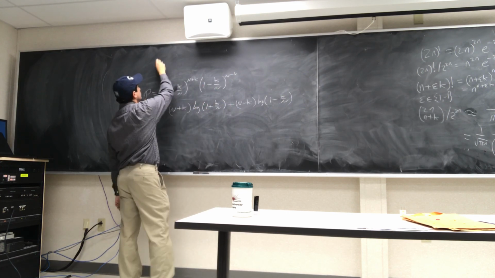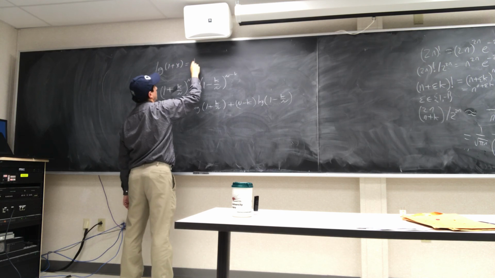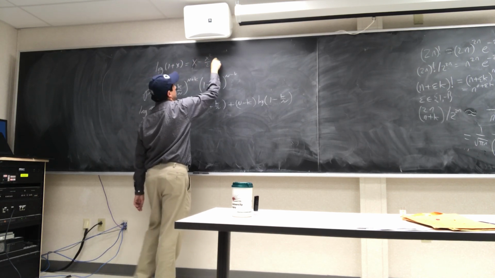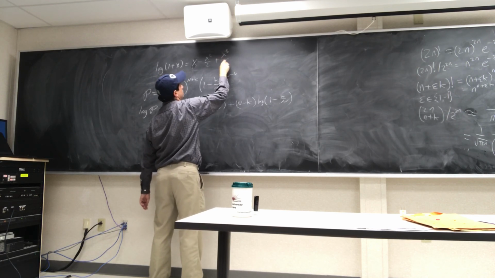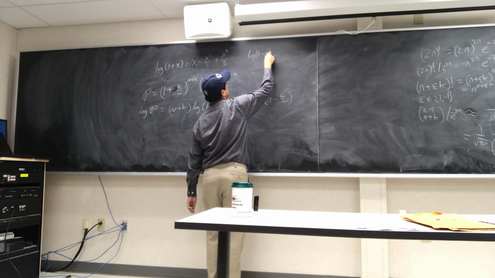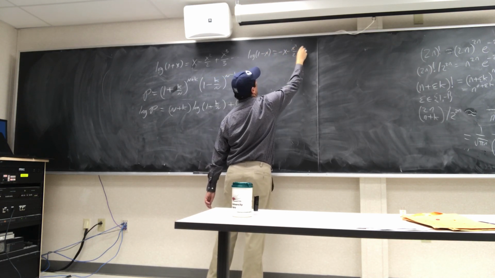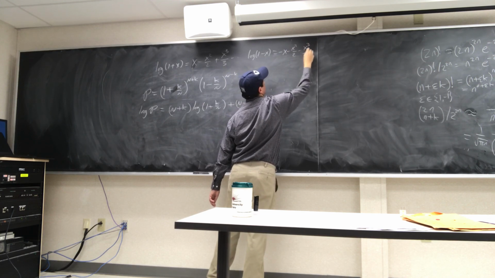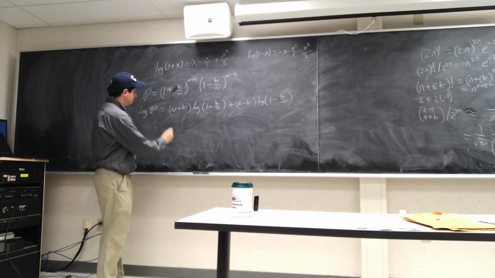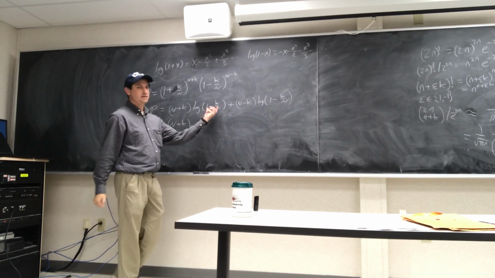And now we'll use the log of (1 + x) is x - x²/2 + x³/3 - dot dot dot, and the log of (1 - x) is -x - x²/2 - x³/3. These are the expansions. And when I look at this now, I get n plus k, and now let me start to expand this.